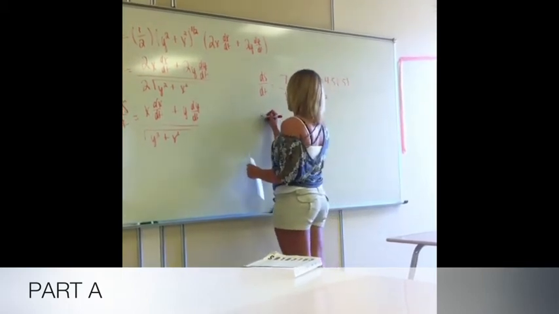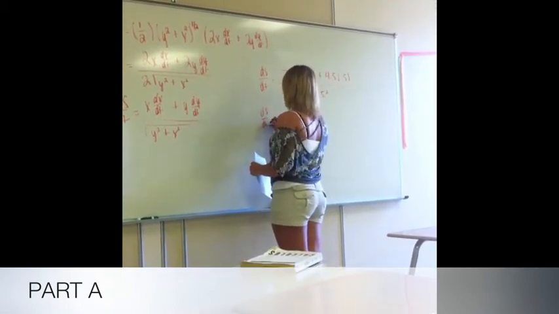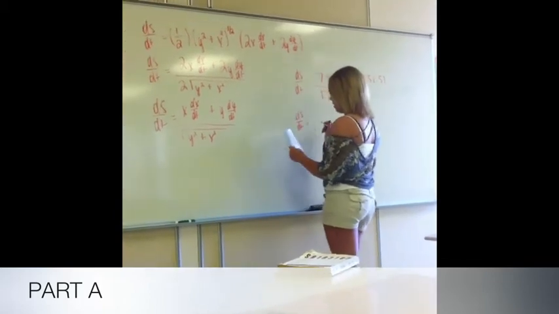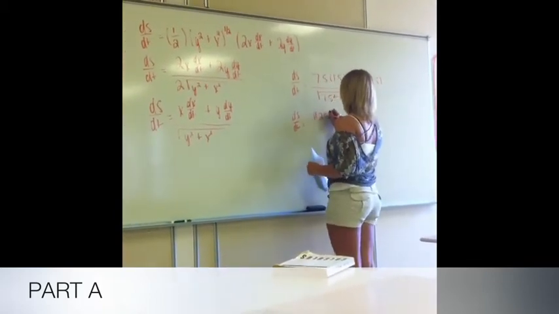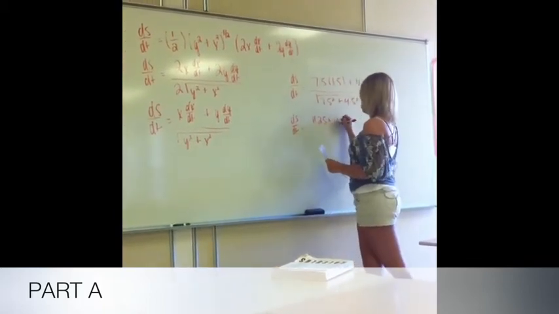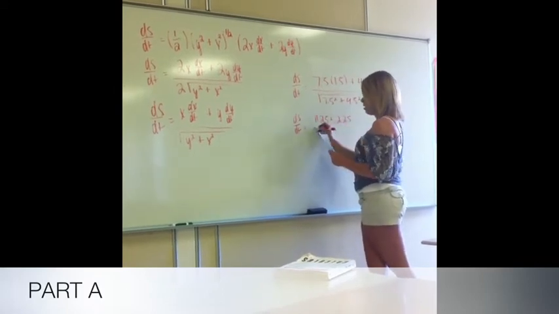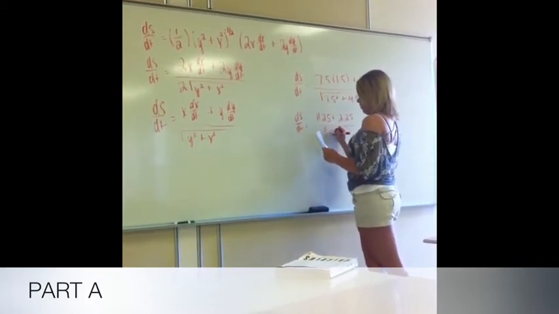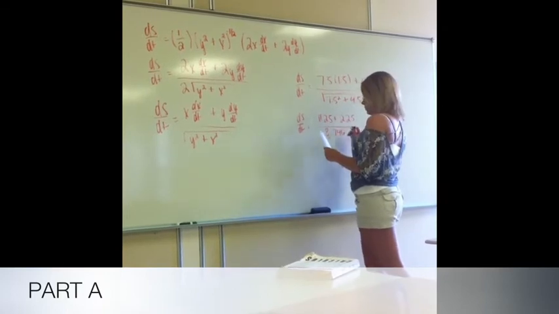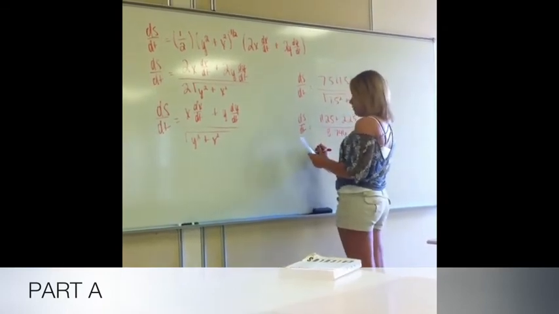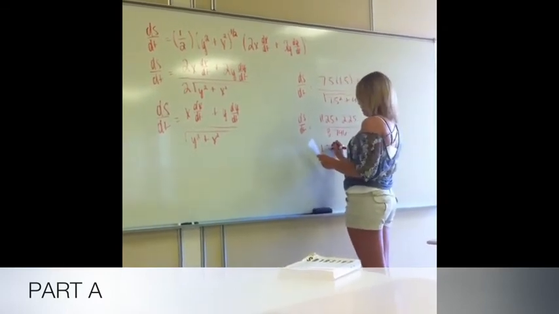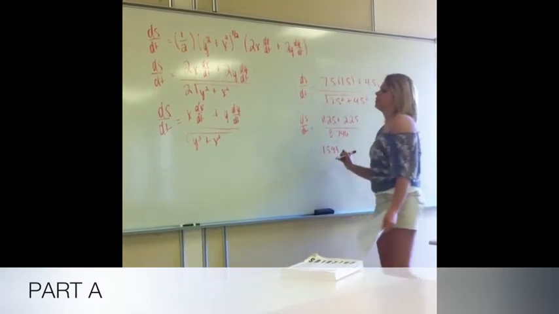So then when you simplify this, you get 11.25 plus 2.25 all over 8.746. And then when you solve, you get 1.543, and that's in feet per second.